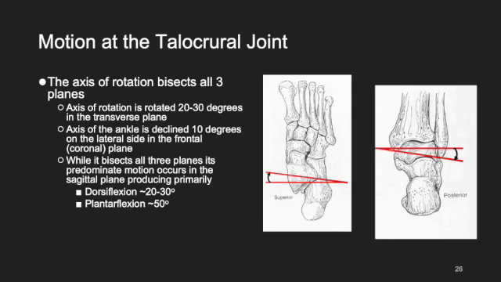Now, what we're going to see also is that we're going to have much more plantar flexion than we do dorsiflexion. Typically, you're going to see 50 degrees of plantar flexion in most people. Dorsiflexion, we're going to see normally about 20 to 30 degrees.